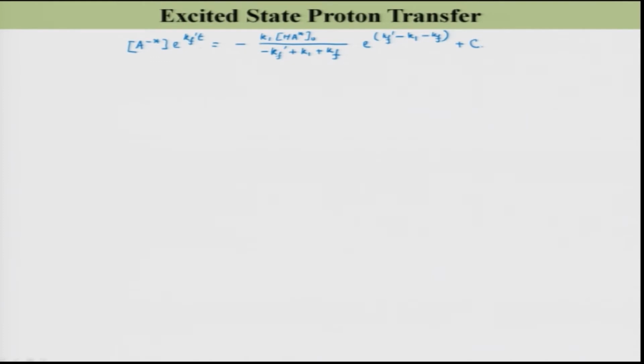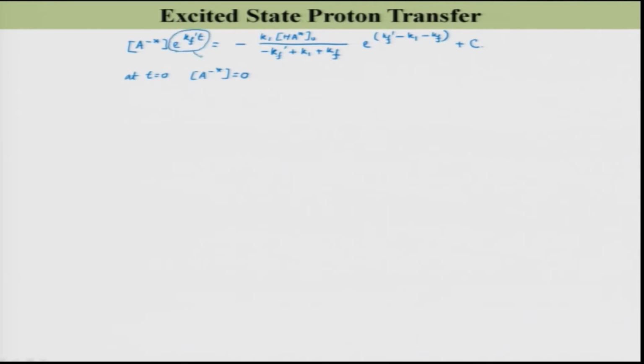I can simply first divide both the sides with the e to the power Kf prime into T, and then I will put this condition that at T equal to 0, A minus star is equal to 0.